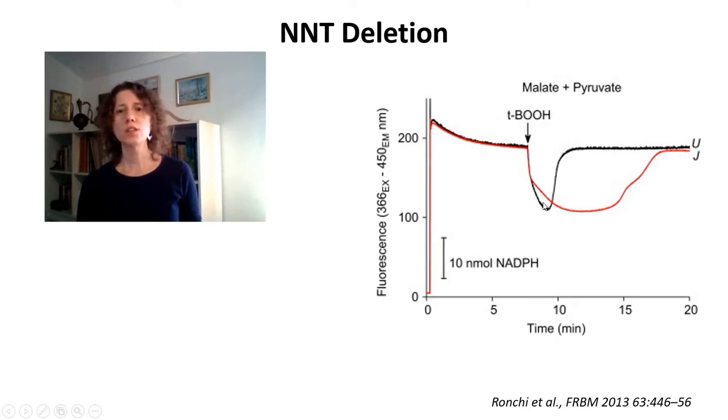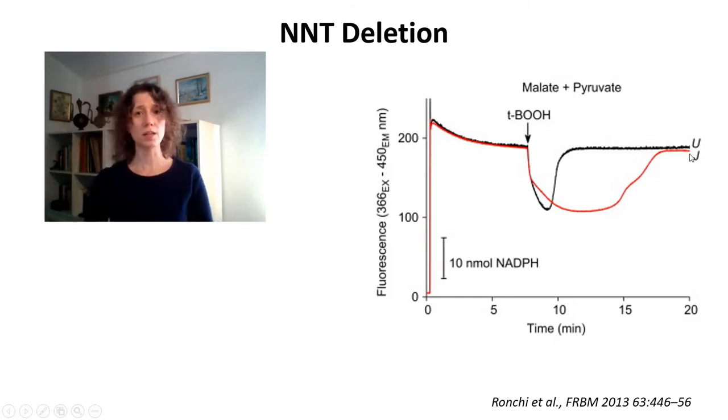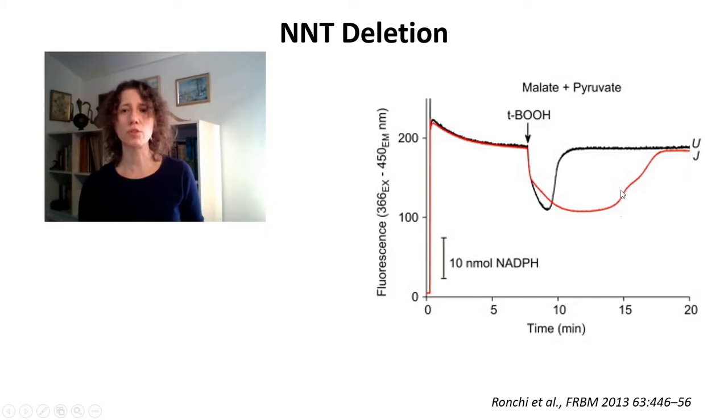And what you can see is that animals that have the NNT can recover this reduced state of the NNT very quickly, while animals that don't have the NNT, that rely only on enzymatic production of NADPH in their matrices, take a lot longer to recover these NADPH levels. So there is quite a difference between these animals.